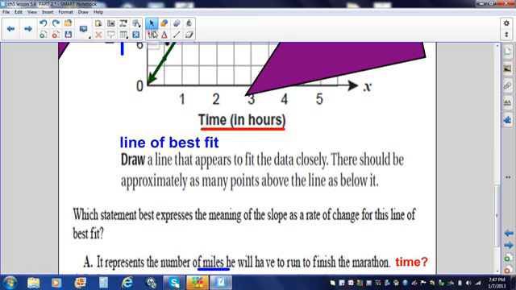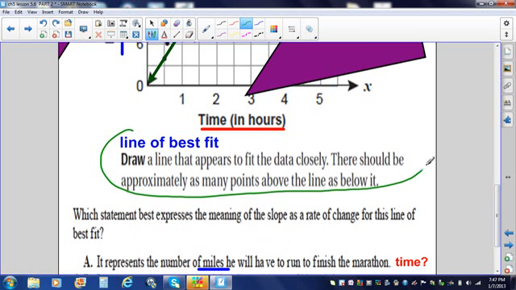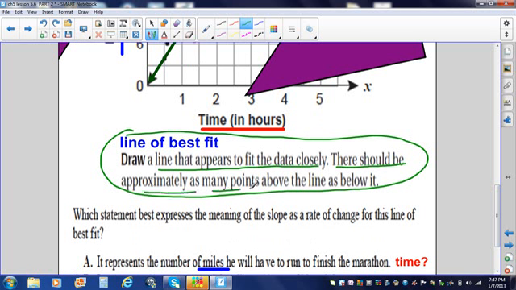So if you would, please write down the vocabulary word, line of best fit. And if you would copy down the definition, a line that appears to fit the data closely, please write down there should be approximately as many points above the line as below it.